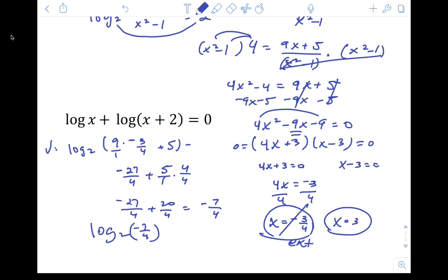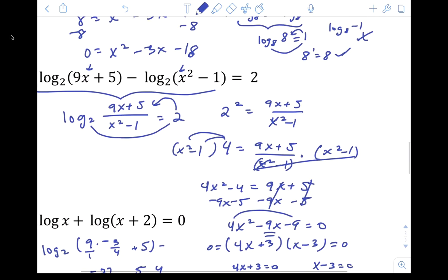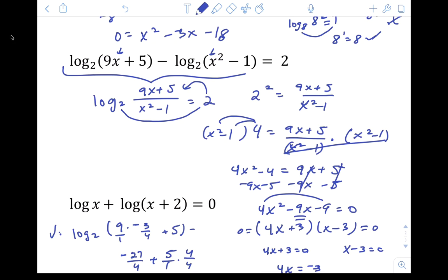When I plug in 3, let's see what happens. 3 times 9 is 27. 27 plus 5 is 32. So we have log base 2 of 32. When I plug in positive 3 on that side, 3 squared is 9 minus 1 is 8.